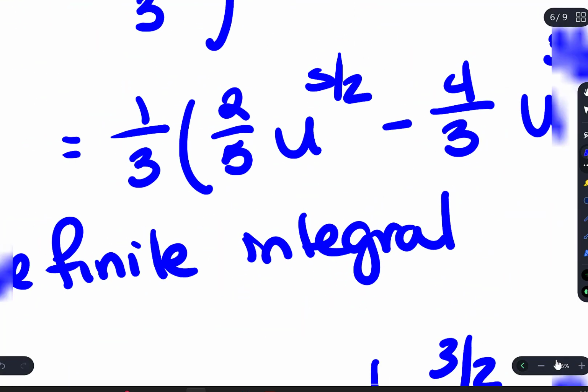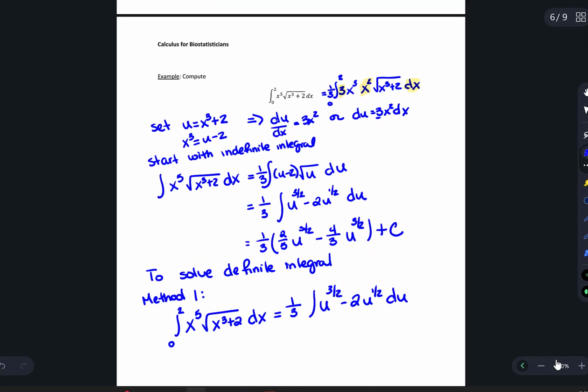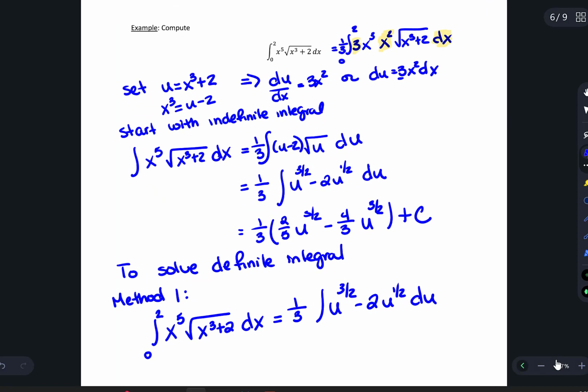In this case, u is equal to x cubed plus 2. Evaluating at 0, we're going to have 2, and evaluating at 2, we are going to have 10.